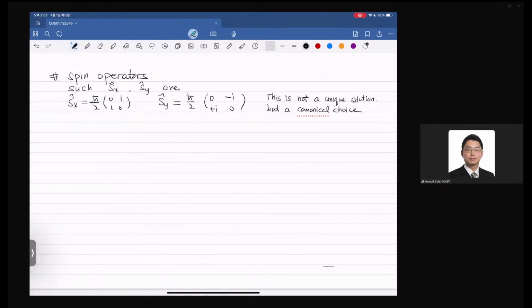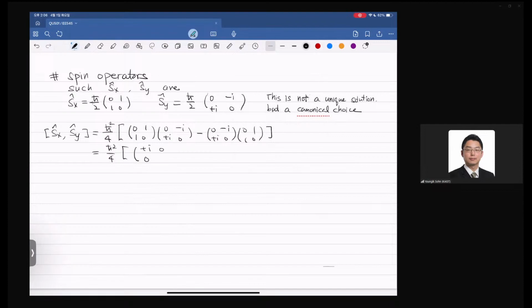Okay, so we will check what we just said, the important commutation relationship. It's all about just the math calculation. Okay, so it's a piece of cake calculating this: plus i, 0, 0, minus i, right?